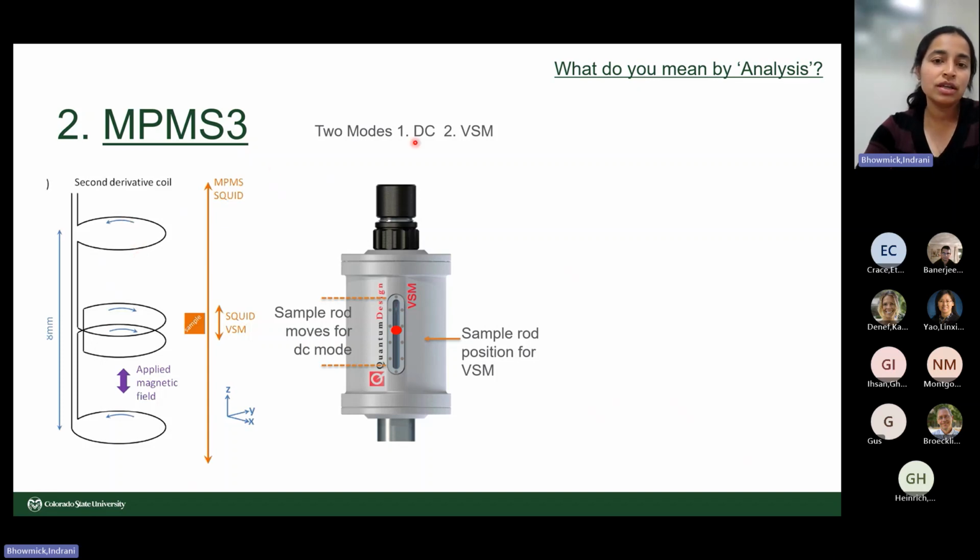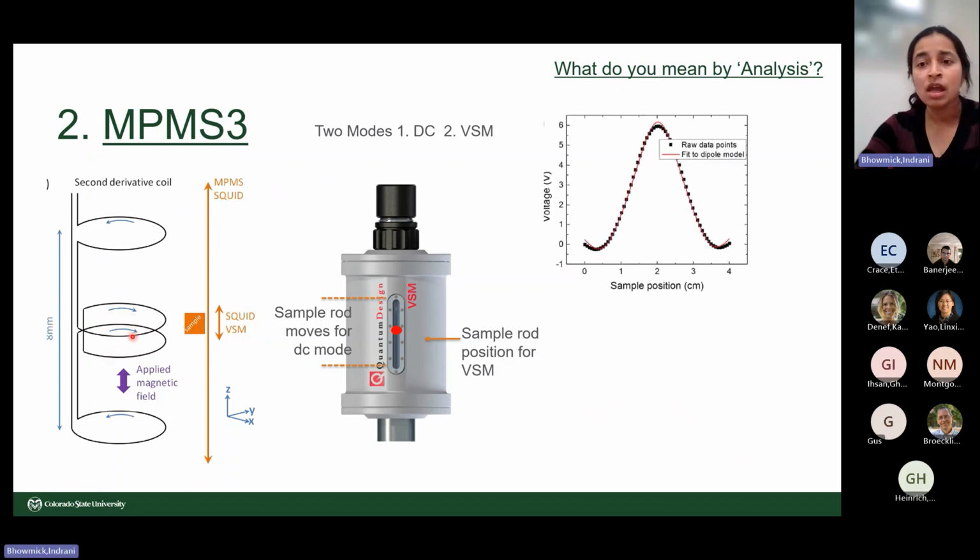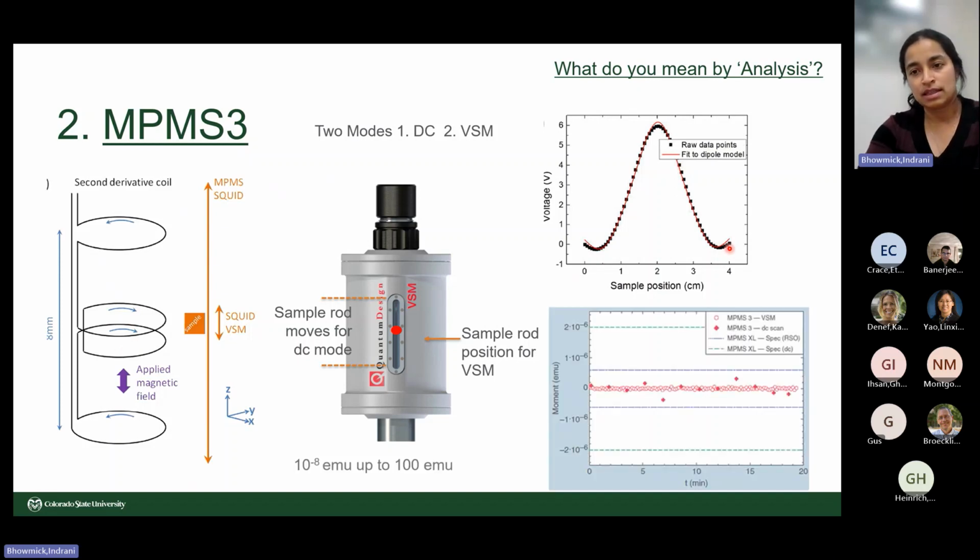So the two ways we move are DC, where the sample goes up and down, and the SQUID VSM, where the sample just vibrates in this very uniform coil field. As soon as the sample passes through this uniform area, you get a big voltage change response, and you fit that data, which gives you the magnetic moment.